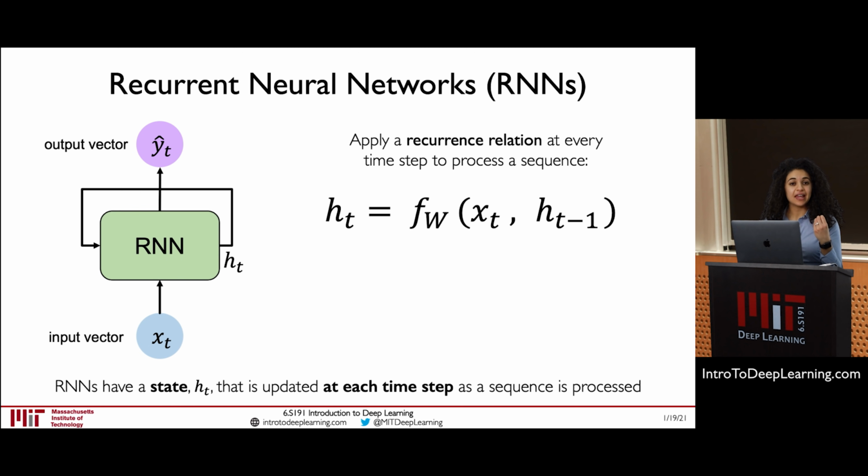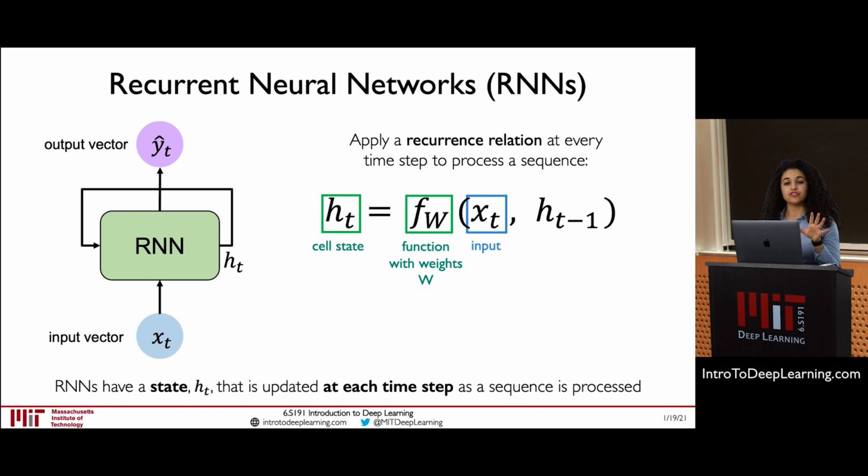Specifically, we define this internal cell state, h of t, as a function that can be parametrized by a set of weights w, which are what we're actually trying to learn over the course of training such a network.